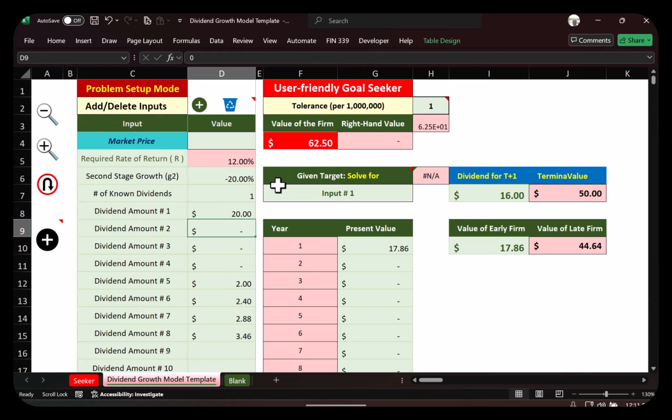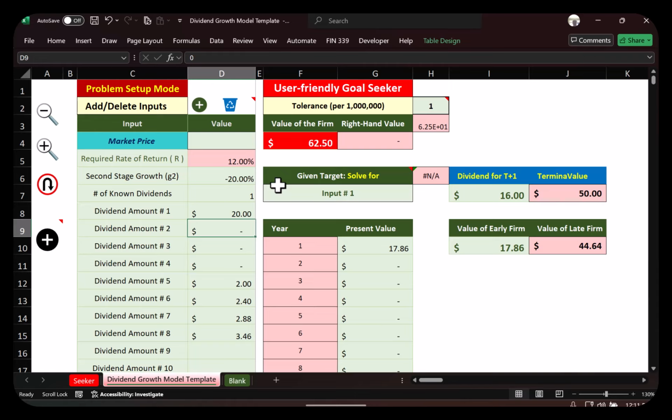Suppose, I mean, I would never ask you this in an exam, but I'm thinking about a thought experiment. I need to pick between two companies. One of them is going to pay a $20 dividend next year, and after that, they're going to decrease it by 20%.